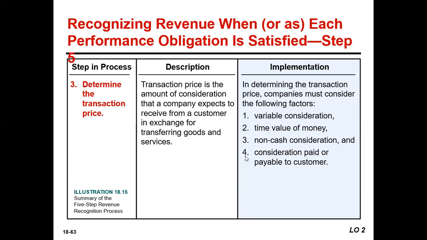In determining the transaction price, companies must consider the following factors: variable consideration, as discussed earlier, expected value, the time value of money. Actually, we don't apply it if the contract is just 1 year or less. Non-cash consideration and consideration paid or payable to customer.